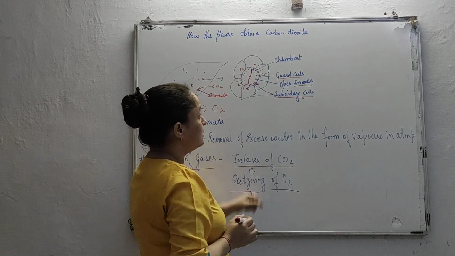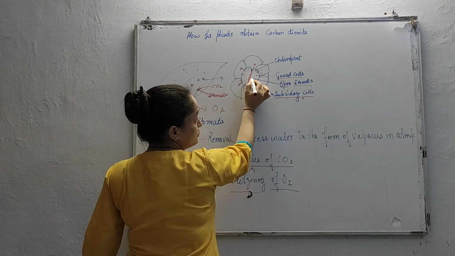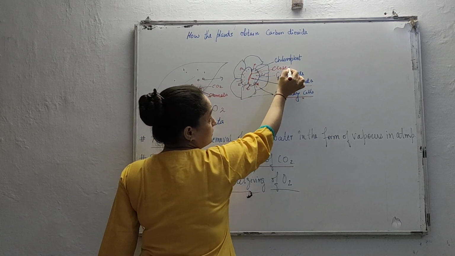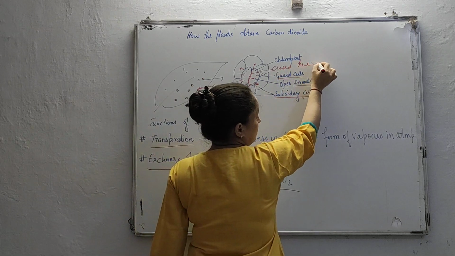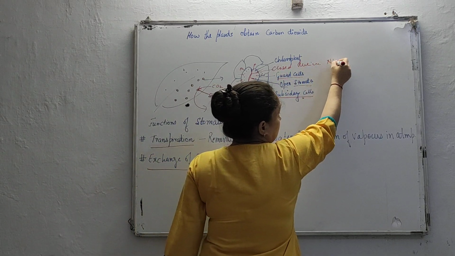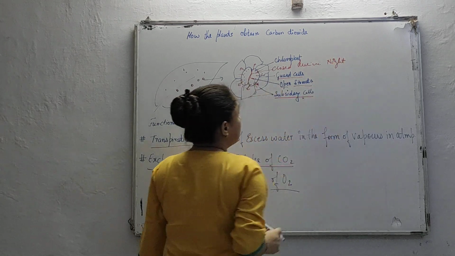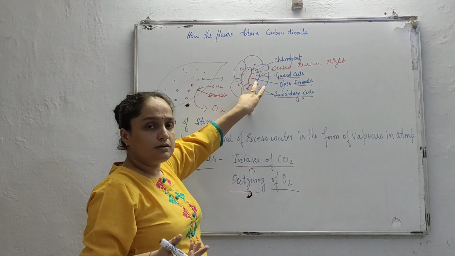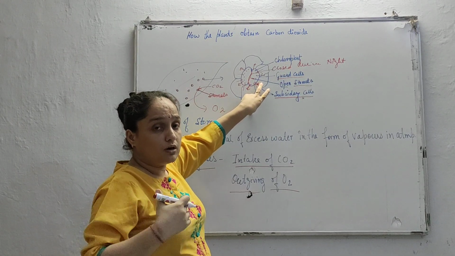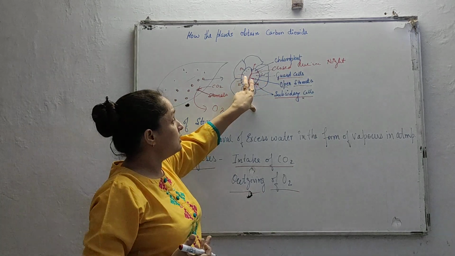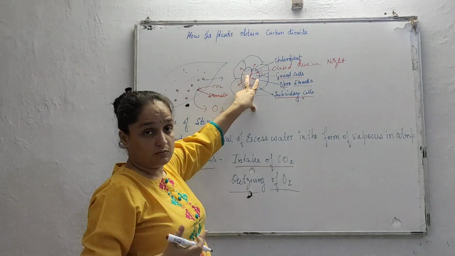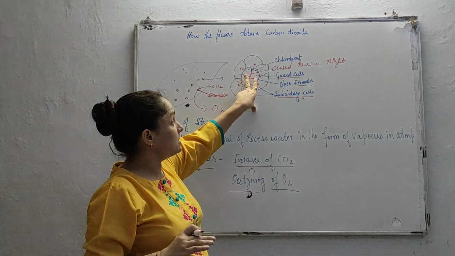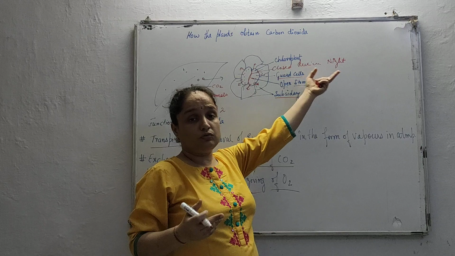This is how the stomata, which were open during the day, are closed during the night. When there is more water, the stomata open, and when there is more loss of water, to bear that loss, the stomata close during the night or evening.